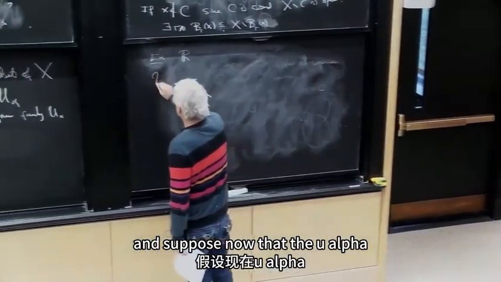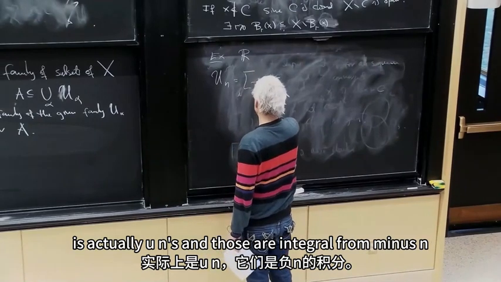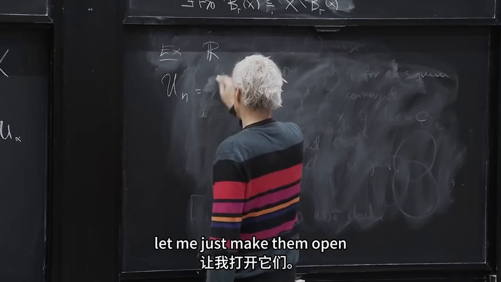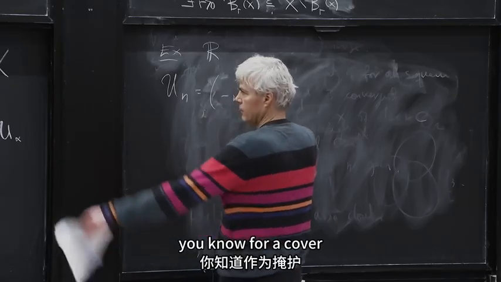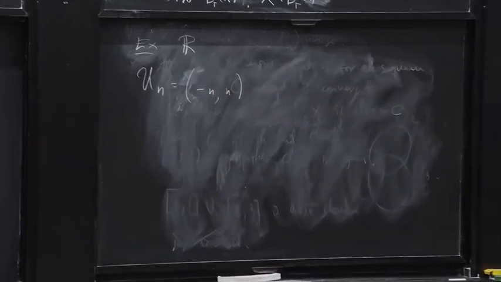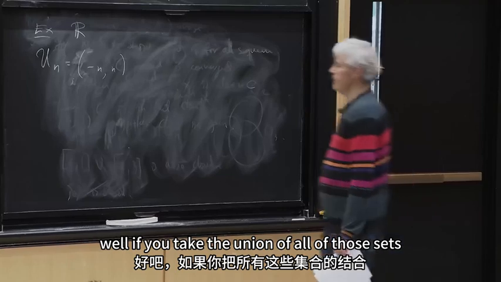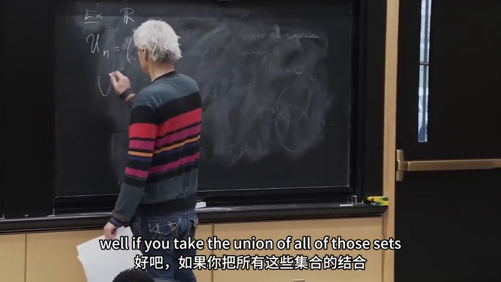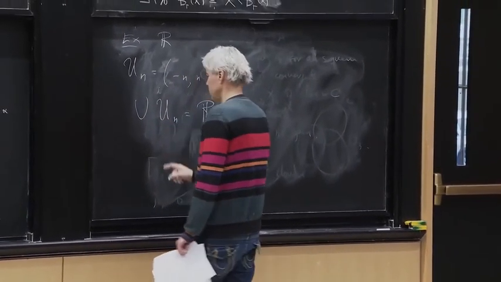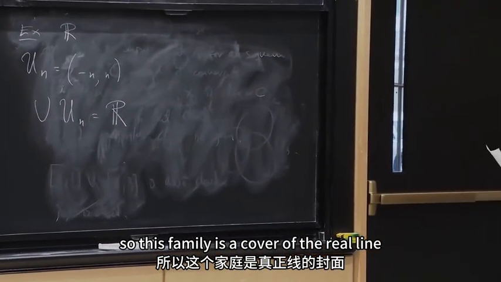And suppose now that the U alpha are the U_n, which are intervals from minus n to n. Let me just make them open, it doesn't matter. For a cover, there's no assertion whether they're open or closed or neither. If you take the union of all of those sets, that gives you everything. So this family is a cover of the real line, right?